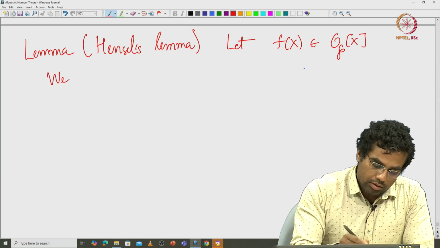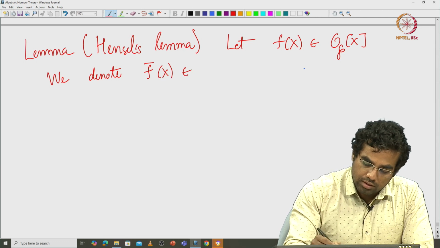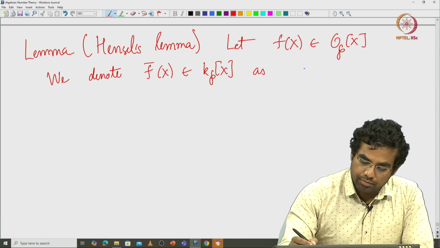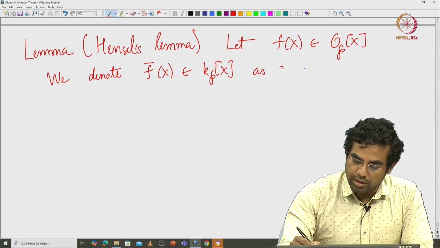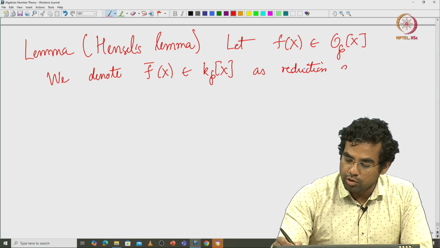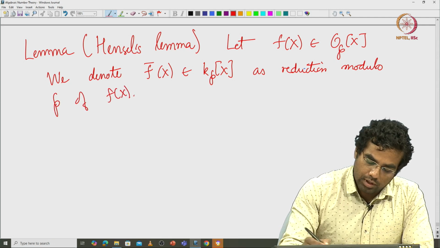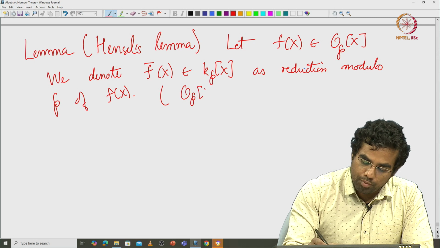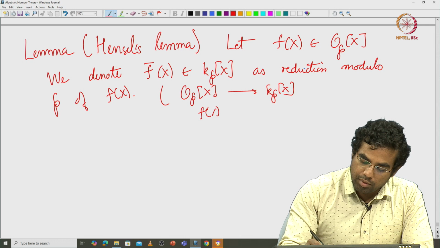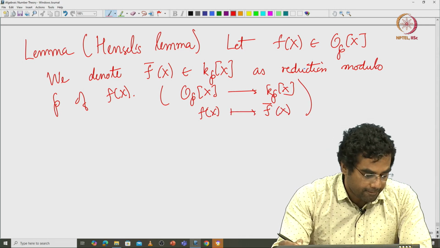We denote by f bar_p of x its image in k_p of x, as reduction modulo p of f of x. So, there is a natural map from O_p[x] to k_p[x], and under this map f of x goes to f bar of x, that is my notation.